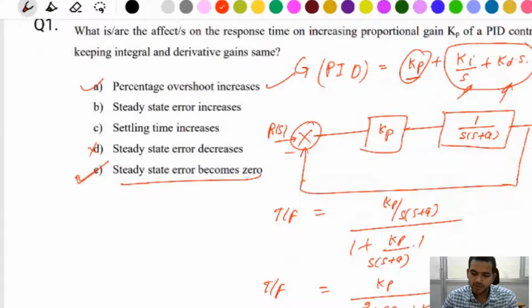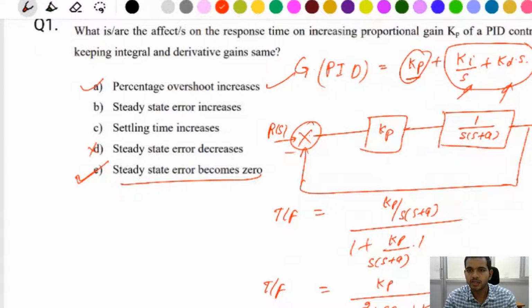And settling time, because of the integrator, if you increase the gain of the integrator Ki, then you observe that the system is oscillatory in nature. It goes oscillatory at a point because you try to make the error 0 in the system.